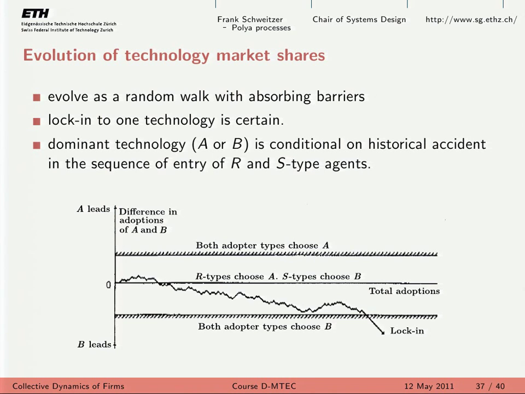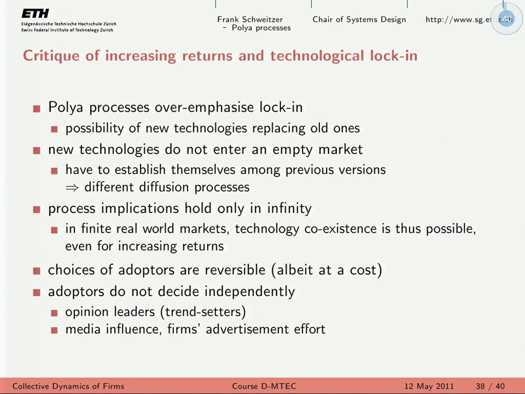Of course, this process is not really realistic. Therefore, on this slide, we discuss a few limitations of this. I want you to read the slide at home. It is important to understand that even this picture does not capture a full model of technology adoption, because there can be other companies entering the market. There can be ample ways of influencing your preferences. I just lower the price, maybe you change your preference.